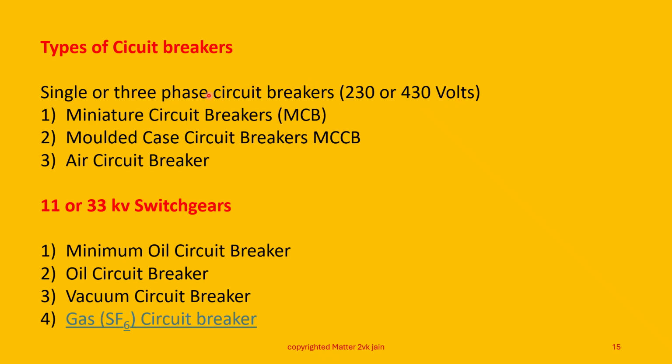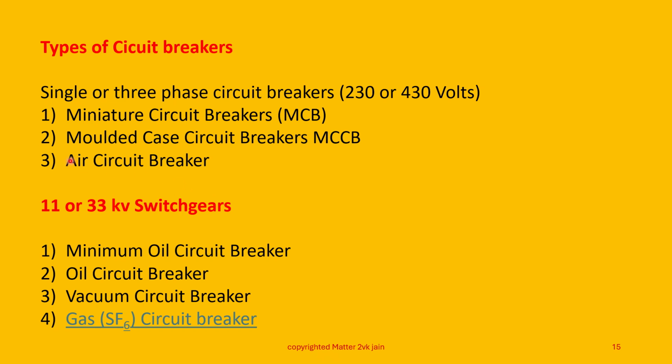They can be of three types: miniature circuit breaker for loads up to 40 kilowatt, then molded case circuit breaker MCCBs for meeting the load from above 40 to 400 kilowatt, or in terms of ampere, 63 ampere to 630 amperes.